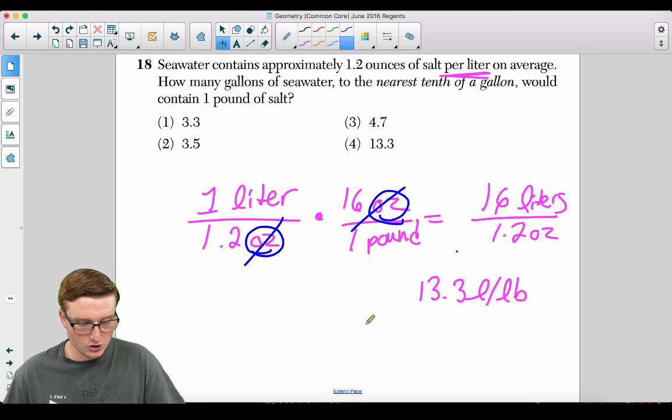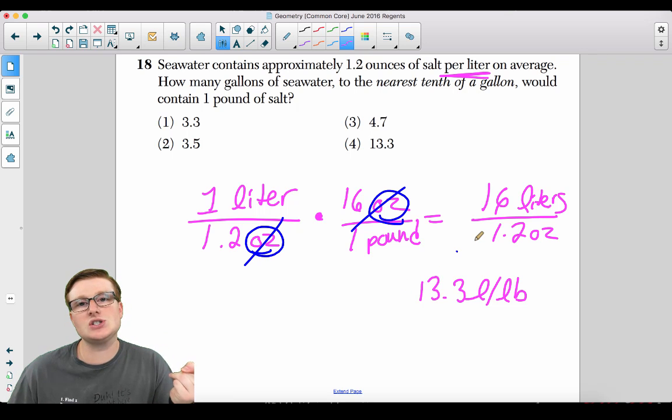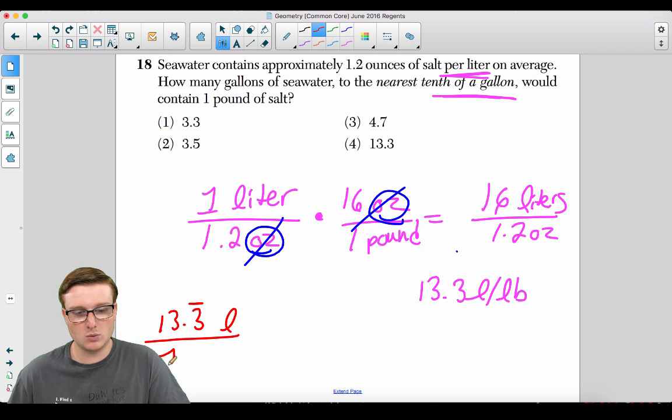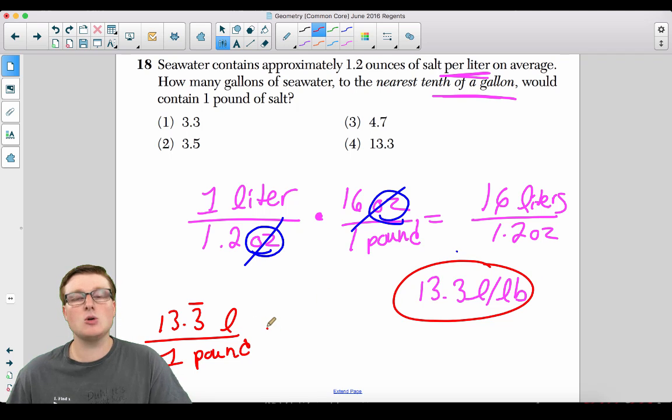Okay? Now your goal is to then convert the liters into gallons because it's asking you to the nearest tenth of a gallon. Okay? So, what I'm going to do is take 13.3 repeating liters, and I'm going to put this over 1 pound because that's the number that we have right here. And I'm going to multiply.